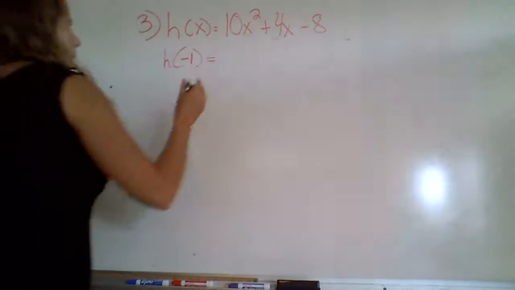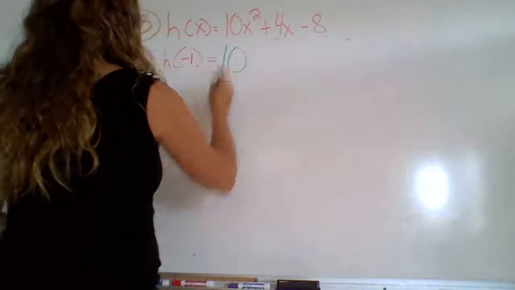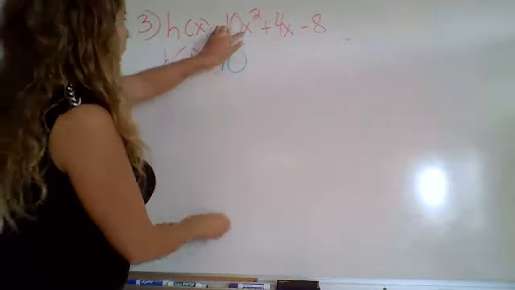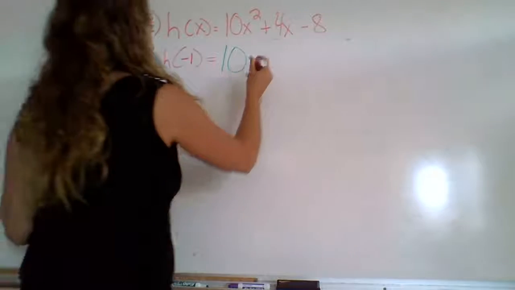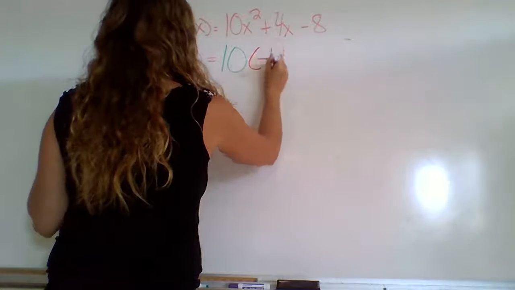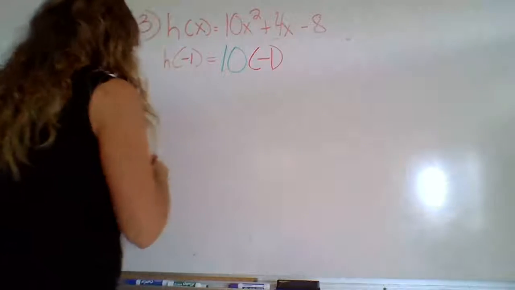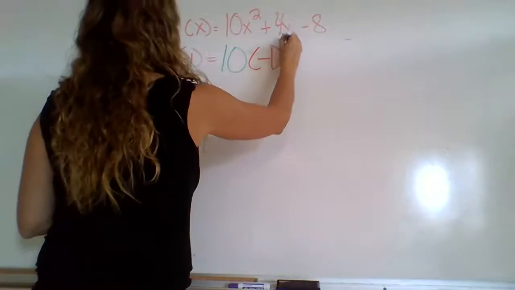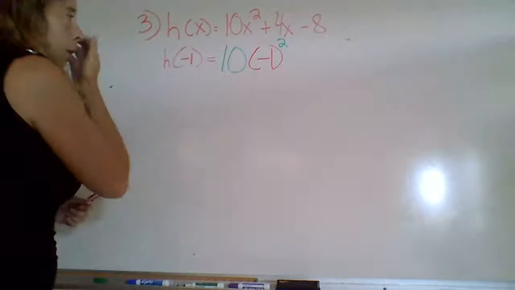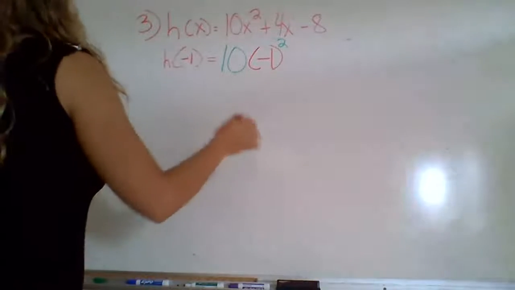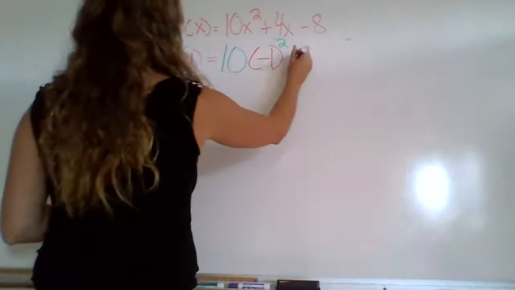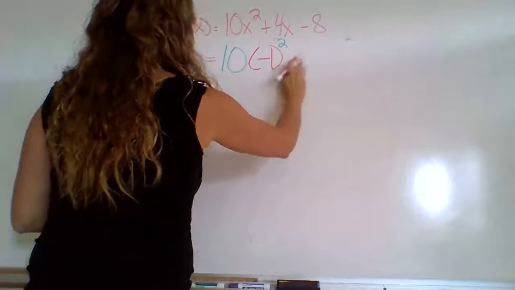Okay. So I'll have 10. And then there's an x. So I'm substituting in negative 1. And then make sure you square it. Oh, I didn't mean to do Christmas colors, but it's happening. And then plus, oh, wrong color.